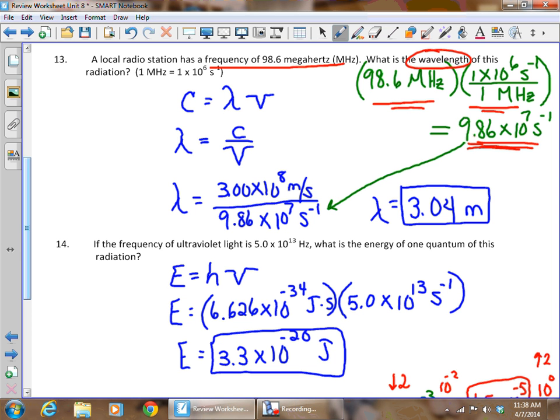So if I know I'm dealing with the wavelength and frequency, wavelength is lambda, frequency is this blocked off V. So those are the values. Once we know that it's dealing with wavelength and frequency from the problem, that's the equation that we're going to want to look for.